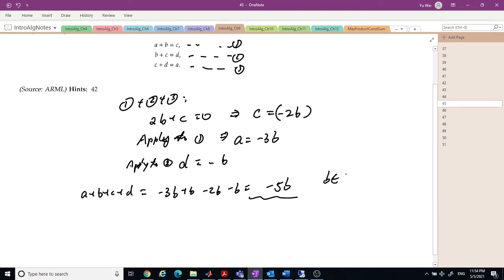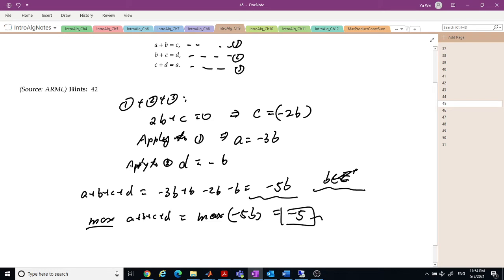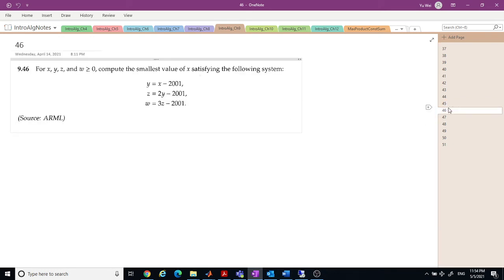B belongs to the positive integers. Okay, so that's why the maximum value of a plus b plus c plus d is equal to the maximum value of negative 5b when b is a positive integer, which is negative 5. Next.